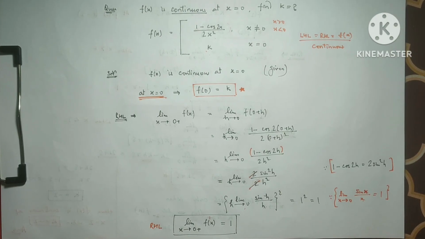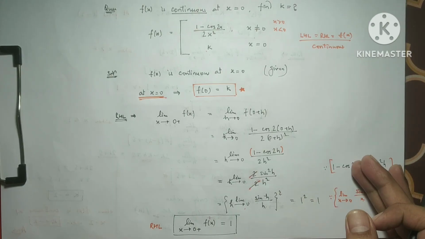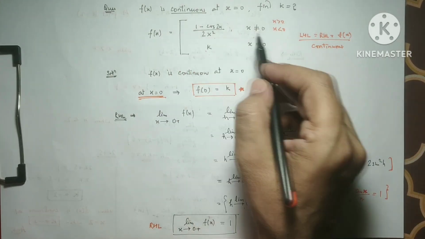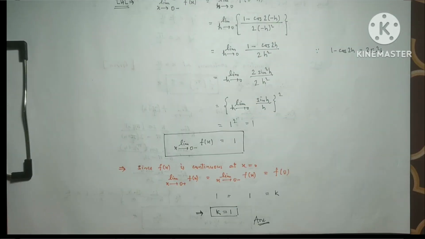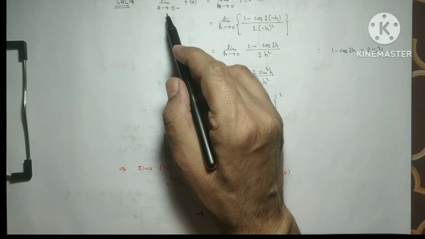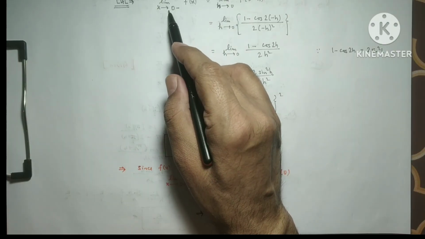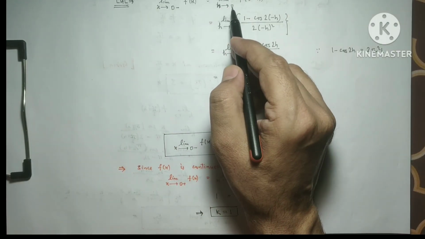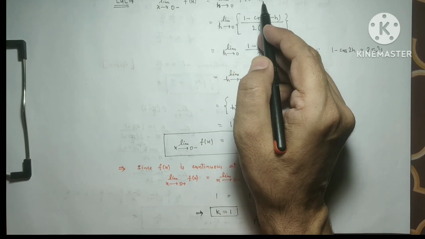Now we will find the left hand limit, and all are equal, as we know, because the function is continuous. Now the left hand limit. Limit x tends to 0 minus of f(x), means limit h tends to 0 of f(0 minus h).